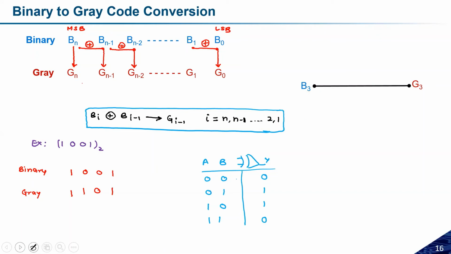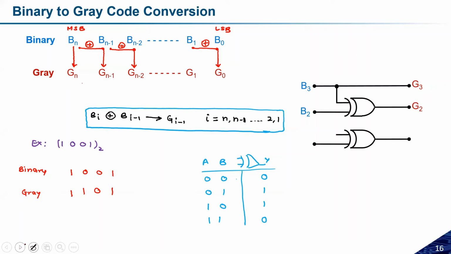Now if I have to calculate G2, what can we do? Can anyone tell what we need to do? To get G2, I have to XOR B3 and B2, and as a result, I will get G2. So the most significant bit and the next bit B2, I XOR them and get G2.